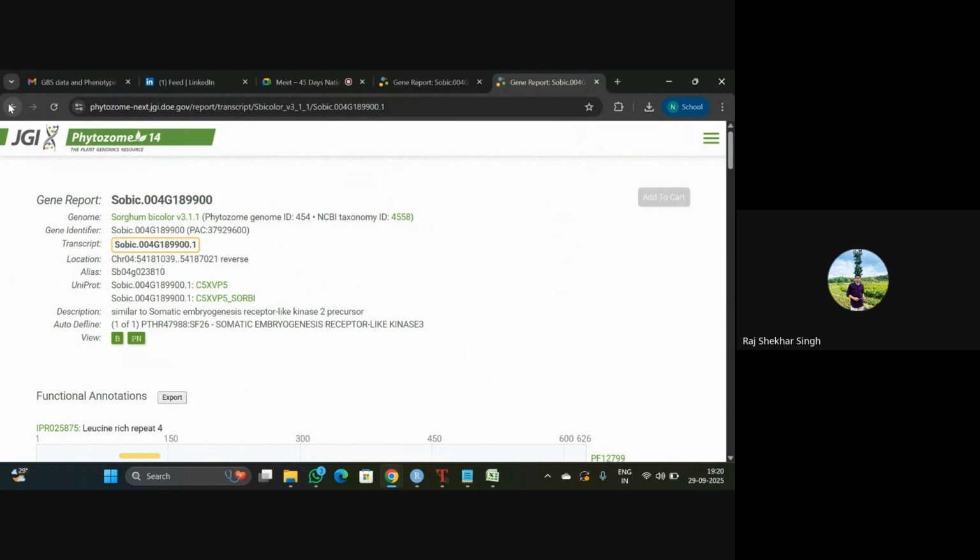The terminal end of the chromosome. Whatever information is in the 5.1 genome assembly, it contains from one terminal of the chromosome to the other terminal. So total information is available in 5.1 as it is the recent one. That's why there is a difference between 1.1 and 5.1. If you check on 2.1, you will get some other difference.